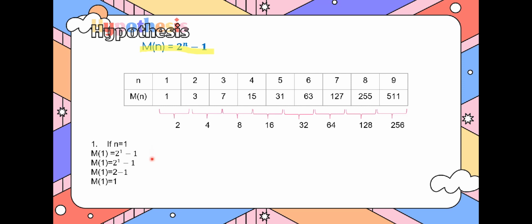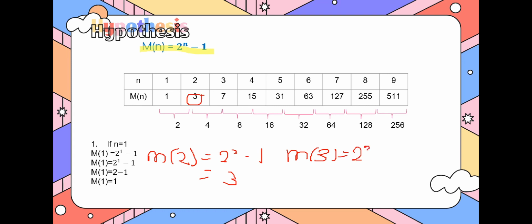So let's try M of 2. 2 raised to 2, that is 4 minus 1, is 3, which is also correct. Then M of 3, 2 raised to 3, that is 8 minus 1 equal to 7, which is also correct. You can also check or just substitute.